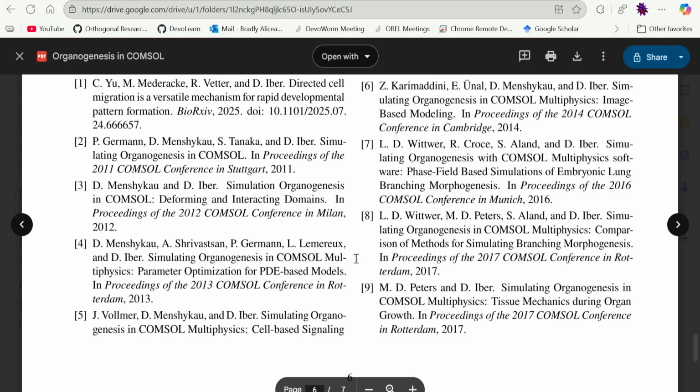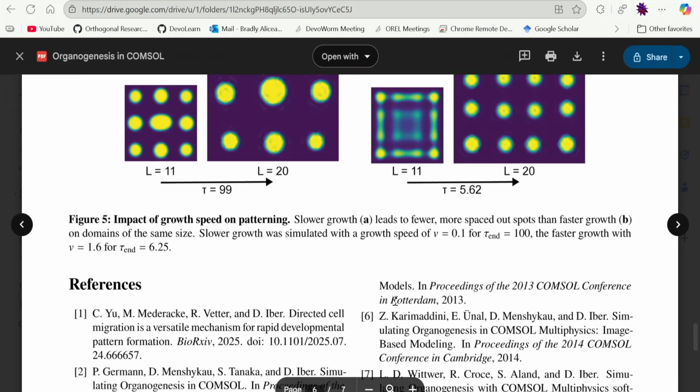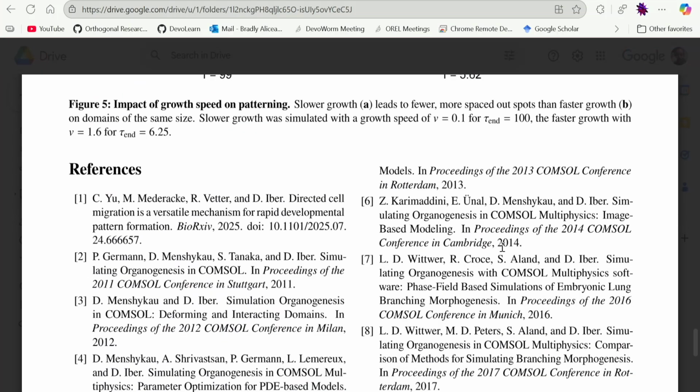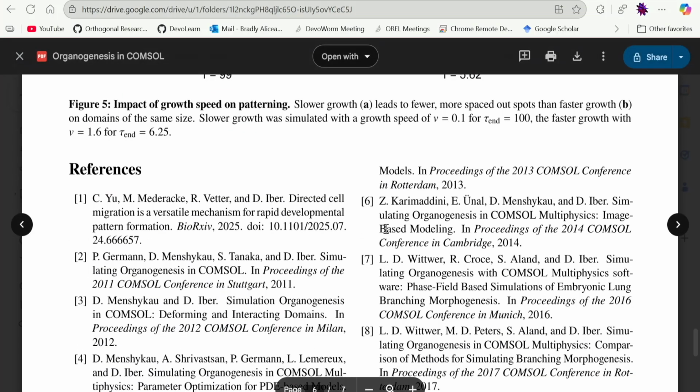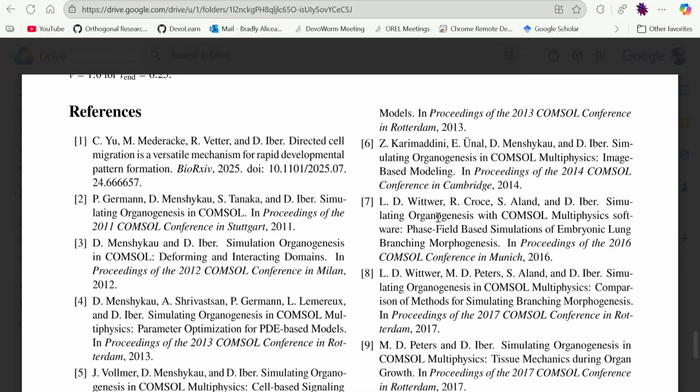Simulating organogenesis in COMSOL Multiphysics with PDE models. Simulating organogenesis in COMSOL, cell-based signaling models. 6 is simulating organogenesis in COMSOL Multiphysics, image-based modeling. 7 is simulating organogenesis with COMSOL Multiphysics software, phase field-based simulations of embryonic lung branching, so that's an interesting paper.